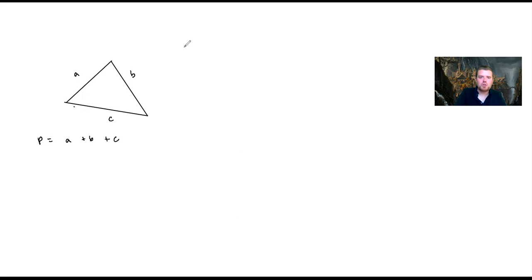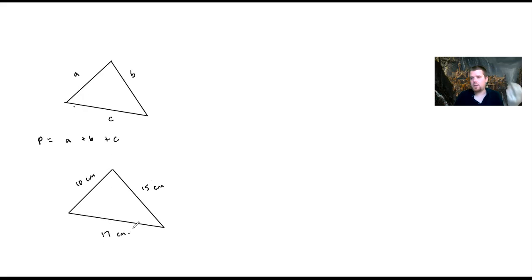So if I had a question involving the perimeter of this same example, again, not to scale, but you get the idea. Let's say I have a triangle, and those sides are 10 centimeters, 15 centimeters, and 17 centimeters. And I ask you for the perimeter.